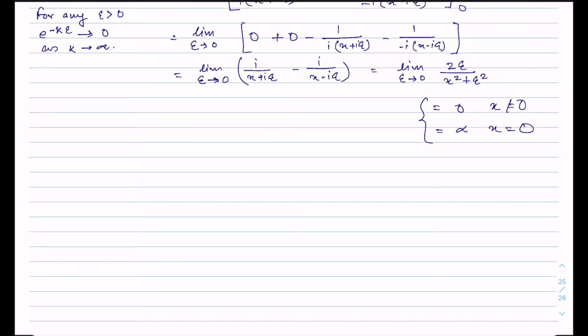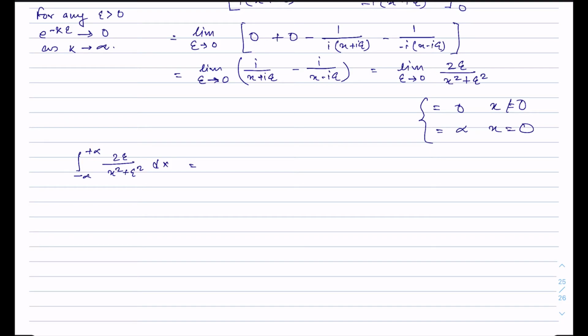So let's find the area under 2 epsilon over x square plus epsilon square. So we have to integrate from minus infinity to plus infinity 2 epsilon over x square plus epsilon square dx. This is a standard integration: we know the integral of dx over x square plus a square is 1 over a tan inverse x by a.